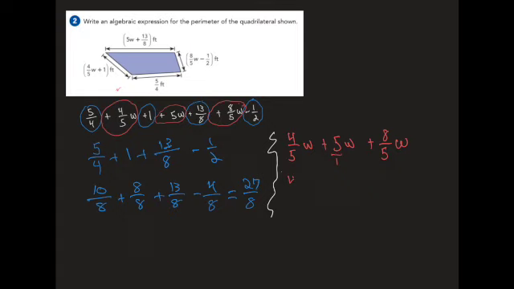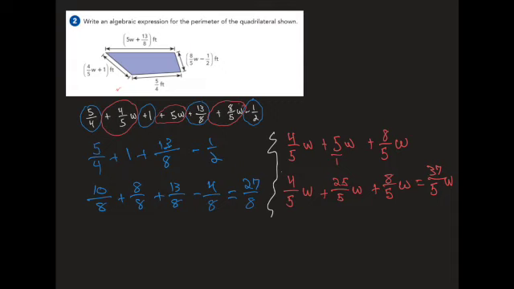So this is 4/5 w. This becomes 25/5 w. And this stays 8/5 w. And when I add all those up, I get 4 plus 25 is 29, plus 8 is 37. So I have 37/5 w.